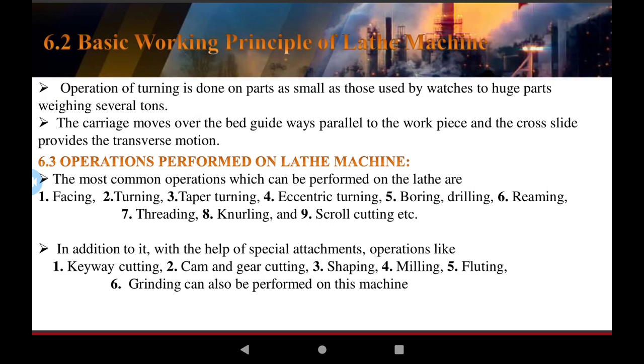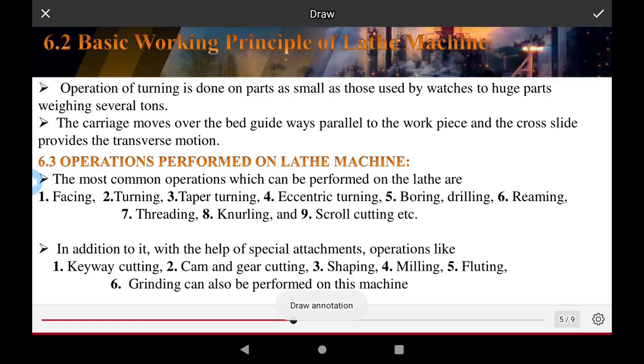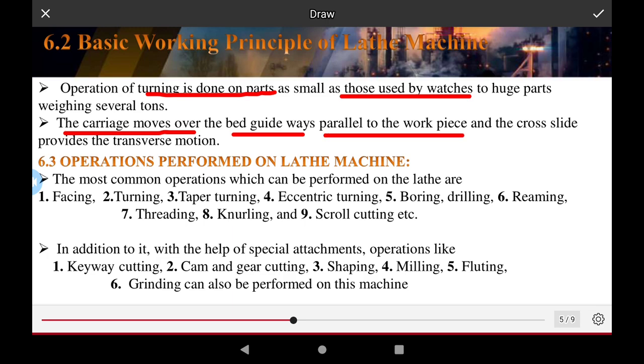The operation of turning is done by the carriage moving parallel to the workpiece axis, while the cross slide provides the transverse motion.